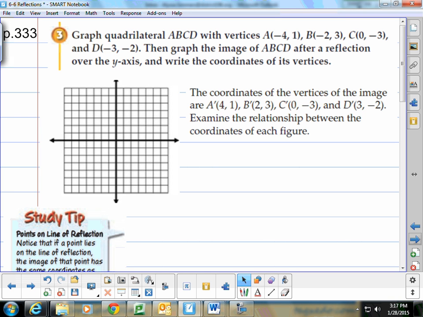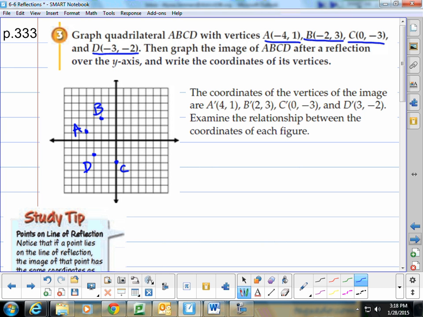So we're going to graph a quadrilateral now. You're going to need to do this in your notes. Graphing quadrilateral ABCD with vertices A at -4, 1, and B at -2, 3, and we're going to go C at 0, -3, and D at -3, -2.